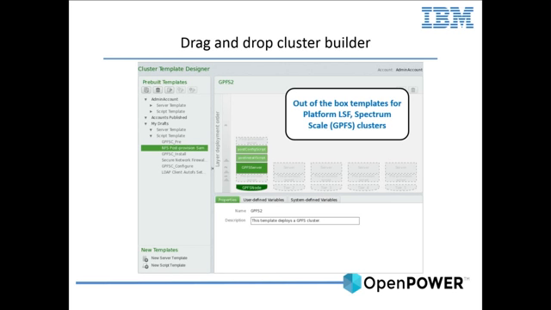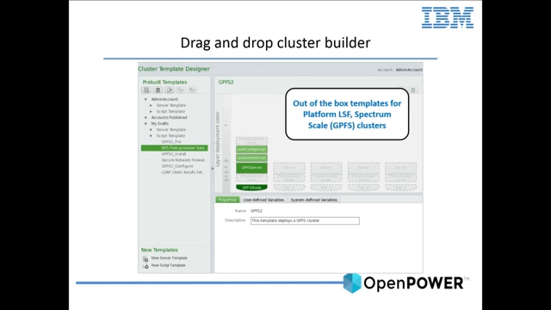For example, we have tiers and layers in this tool. If you want to design your GPFS cluster, you only need to drag the related script from the left side to this layer. That means the scripts you want to execute on that particular node, including the pre-script and post-script.